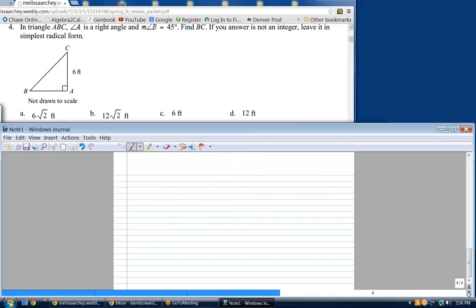Okay. I don't remember how to do these. Okay. There's 2 ways to do this problem. They're telling us that that's a right angle, and they're telling us that this is 45 degrees.